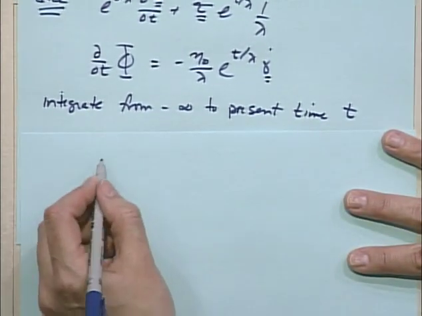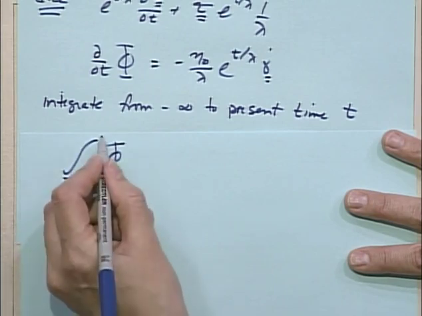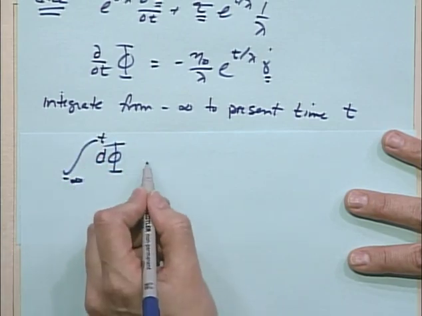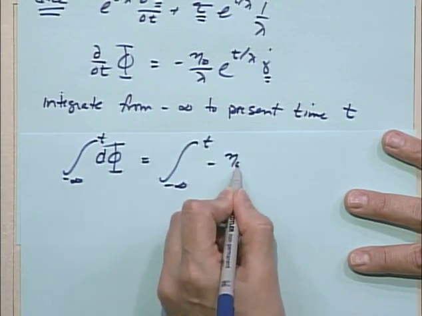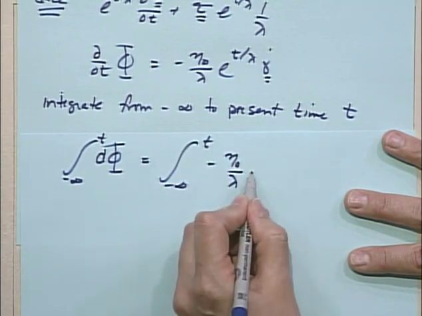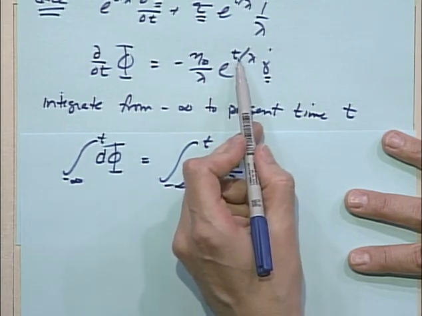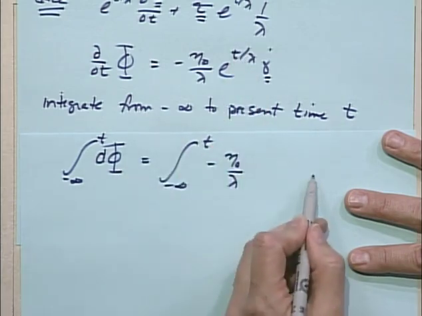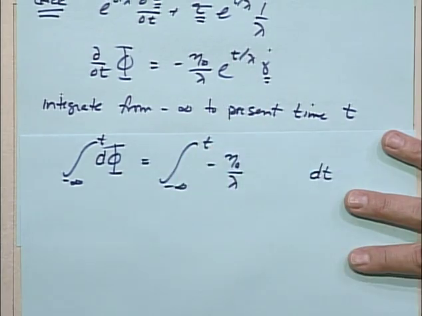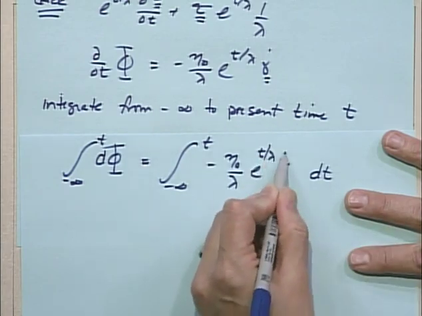So this is d phi integrated from minus infinity to t equals the integral from minus infinity to t of minus eta naught over lambda. Now, here I have a problem. There's already a t here, and I don't want to get that variable t, which I'm integrating over, confused with my limit.